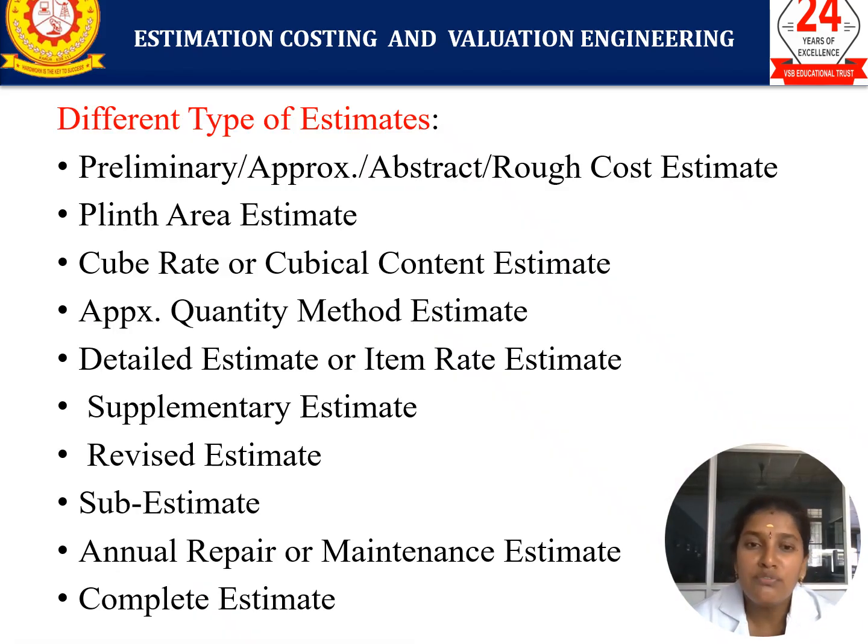So these are the different types of estimation: preliminary estimate and plinth area, cube rate, approximate quantity method estimation, detailed estimation, supplementary estimation, revised estimation, sub-estimate, annual repair or maintenance estimate, and complete estimate. So these are the basic types of estimates, right? We will see one by one.